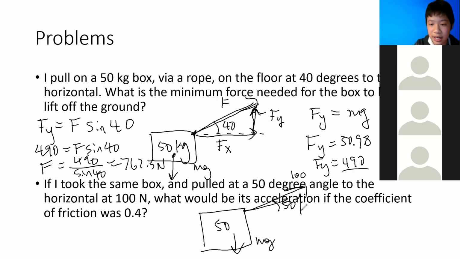Again, I'm going to have an Fy and an Fx. Let's first look at the y direction, since I need to calculate the friction force that resists this box starting to move. To calculate the friction force, all I need to do is find the normal force acting on this box.